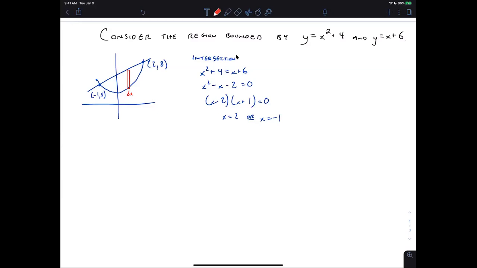In between the intersecting points we can find that, but what does this question actually ask? We can find the whole area, but what is this question asking you to find? It doesn't ask anything.